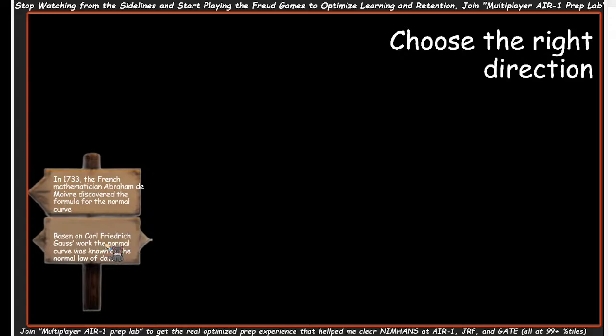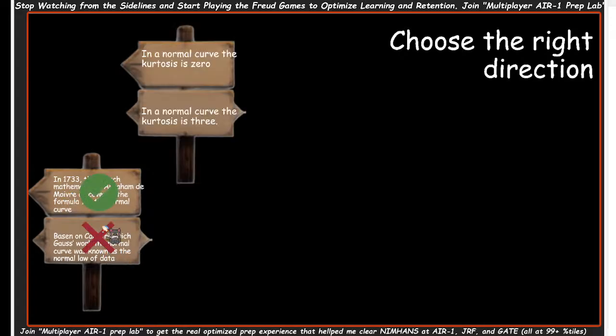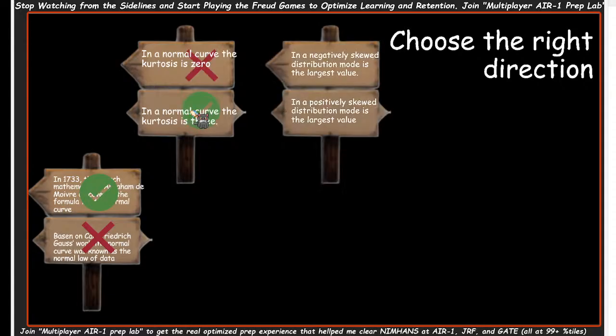So it is not the normal law of data, but the normal law of errors, and it was discovered in 1733. In a normal curve, we know it is symmetric and it is mesokurtic. So the kurtosis is 3, but skewness is 0. It is not kurtosis that is 0, but skewness. If we have a negatively skewed distribution, mode is the largest value.